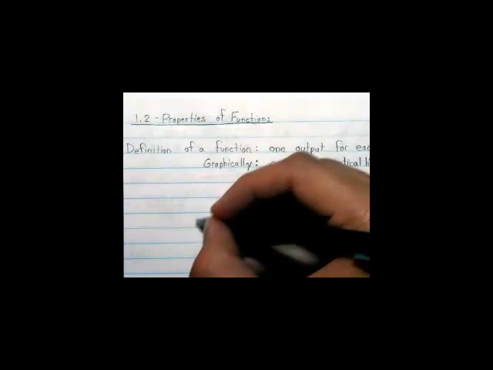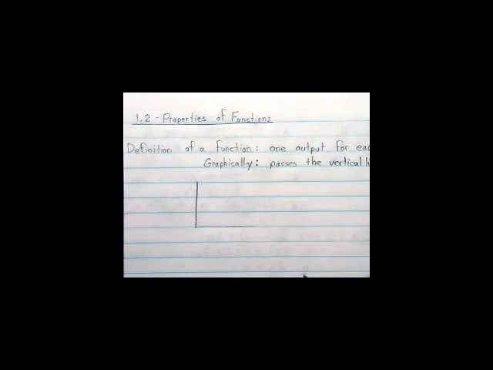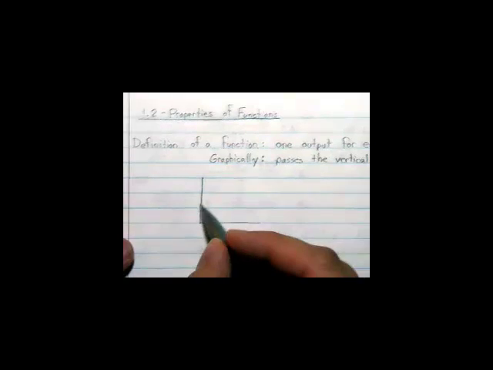That's that same exact thing: if it doesn't pass the vertical line test, then you're getting two outputs for one input, and it's no longer a function.